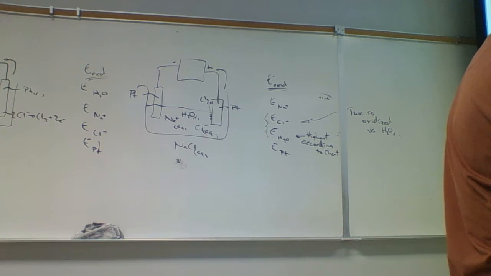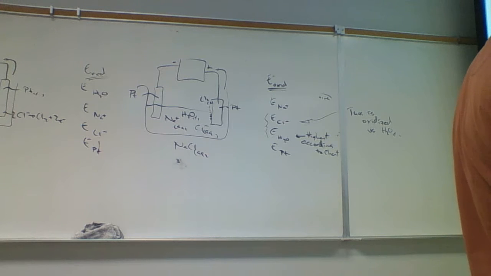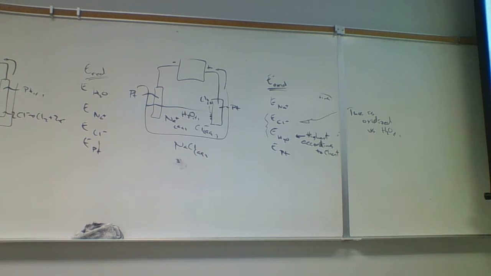Here we have chlorine, but we don't have chlorine, we have chloride. So we'll work our way down. Oh, here we have sodium ions. Reduction potential of sodium ions, minus 2.714 volts.